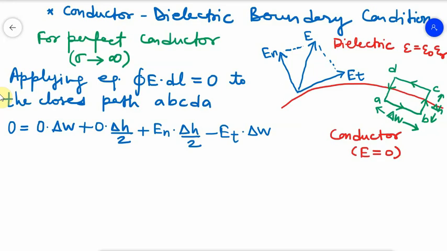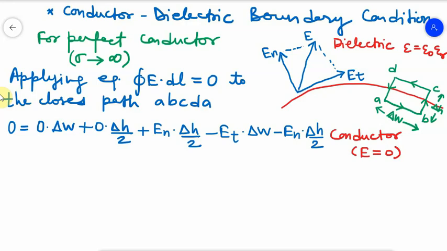The direction of En is upward, and if we move from D to A it is downward, so here it is minus En dot del H upon 2.